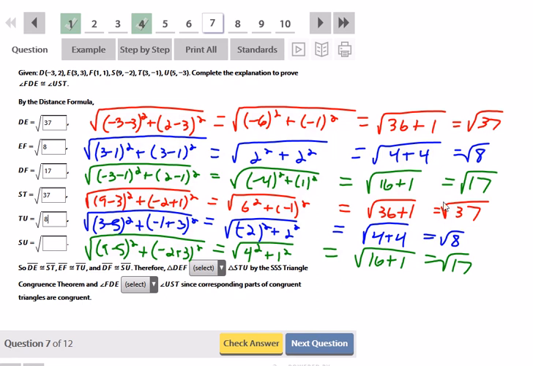Which was the same as DF. So DE is congruent to ST, EF is congruent to TU, and DF is congruent to SU. Therefore, triangle DEF is congruent to STU by side, side, side, and FDE is congruent to UST since corresponding parts of congruent triangles are congruent, or what you know as CPCTC.